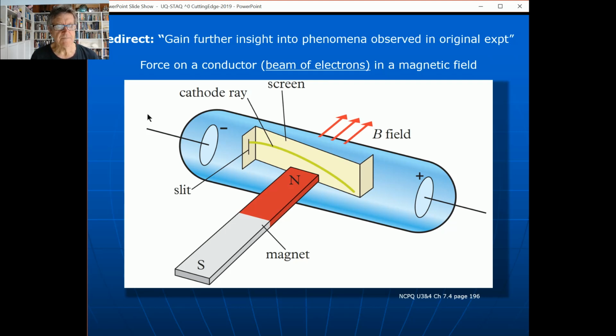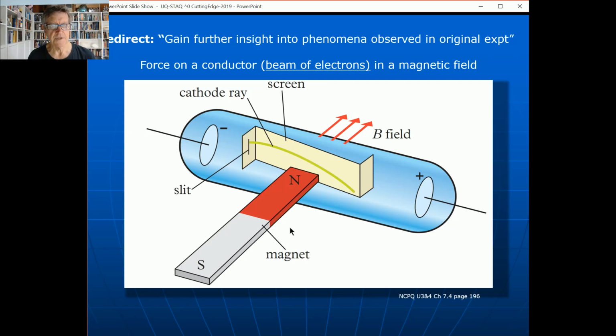So when the cathode rays, if you like, the electrons come in through here, they go through that little slit, they're attracted to the positive, but the screen is at a bit of an angle, so the electron beam scoots along the surface. But if you bring up a magnet, it bends the ray down.